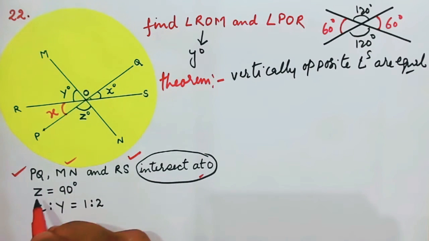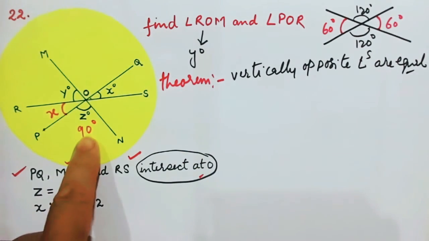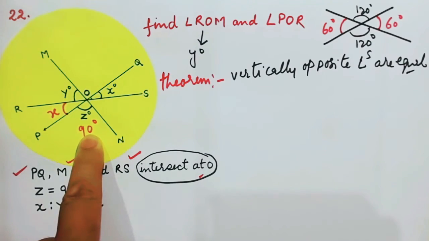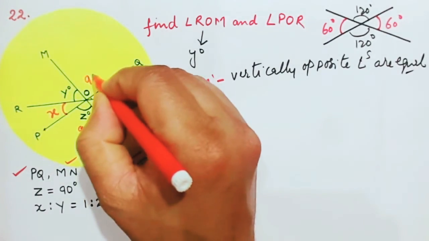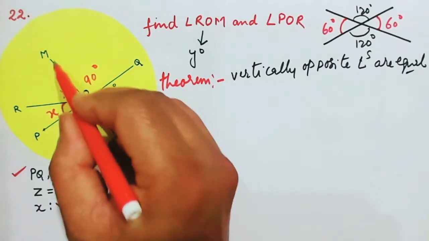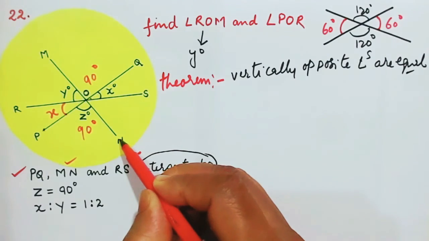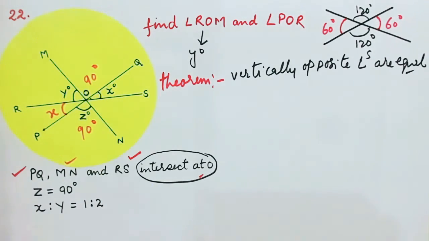They have also given Z is equal to 90 degree. So here you don't have any confusion. Z is equal to 90. So this is also 90 degree, because PQ and MN are straight lines. Therefore, the vertically opposite angles are equal.